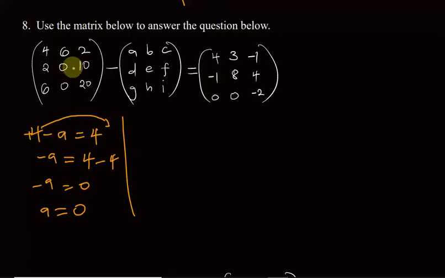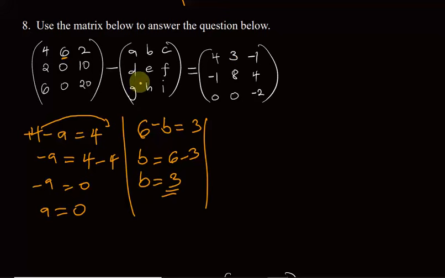Let's look at the value of b. Here, 6 minus b is equal to 3. Therefore, let me just take b to the other side so that it becomes positive. B is equal to 6 minus 3. So b will just be 3. Let's look at c. We take 2.